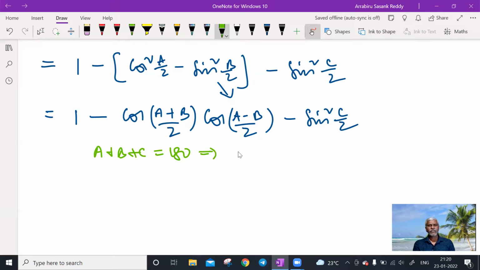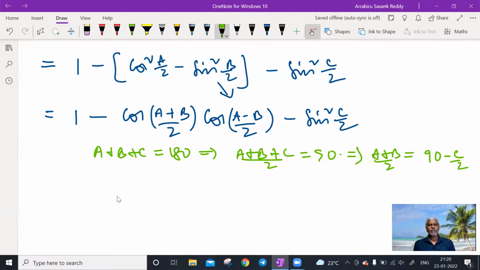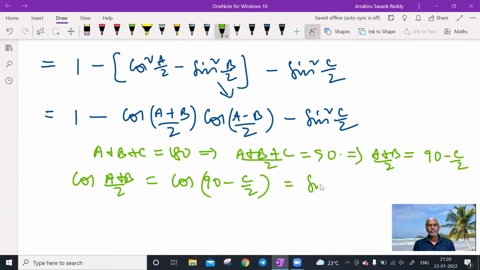Taking half, (A plus B plus C) by 2 is 90, so (A plus B) by 2 is 90 minus C by 2. So cos (A plus B) by 2 is cos (90 minus C by 2), and that is sin (C by 2).